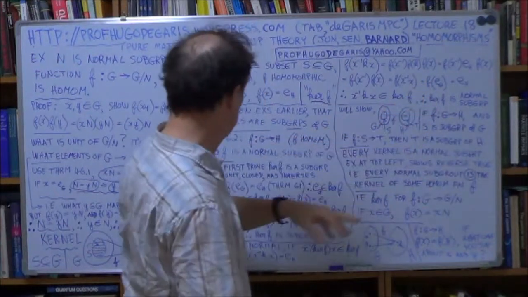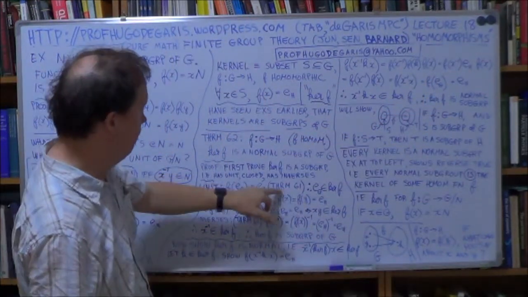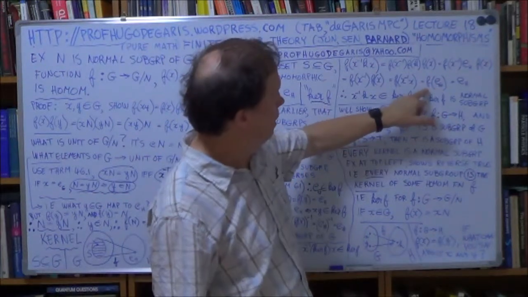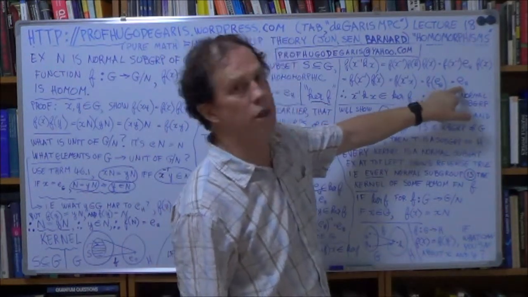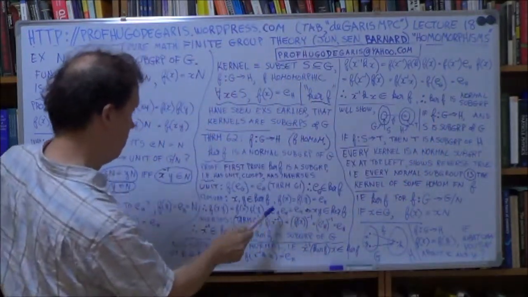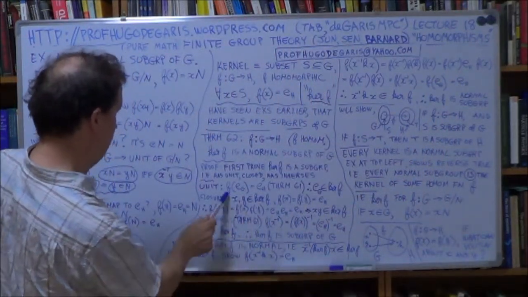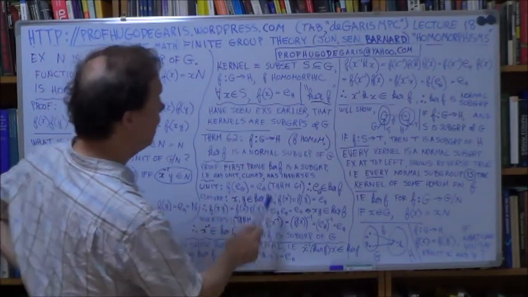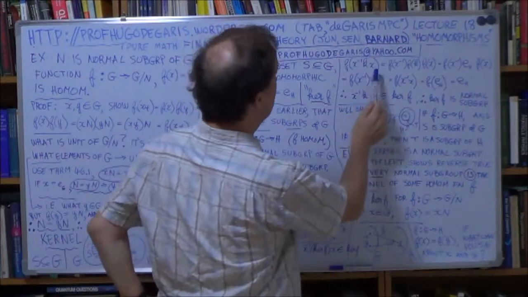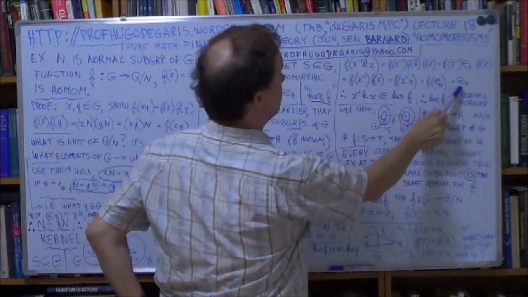But we know from theorem 61 that the unit in G maps under f to the unit in H. So f of e of G is just e of H. That's here.